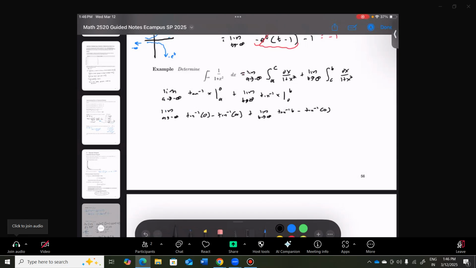Inverse tangent of 0, angle 0, gives you 0 in both of these cases. And so we'll have the limit as a goes to negative infinity of the negative inverse tangent of a, plus the limit as b goes to infinity of inverse tangent of b.